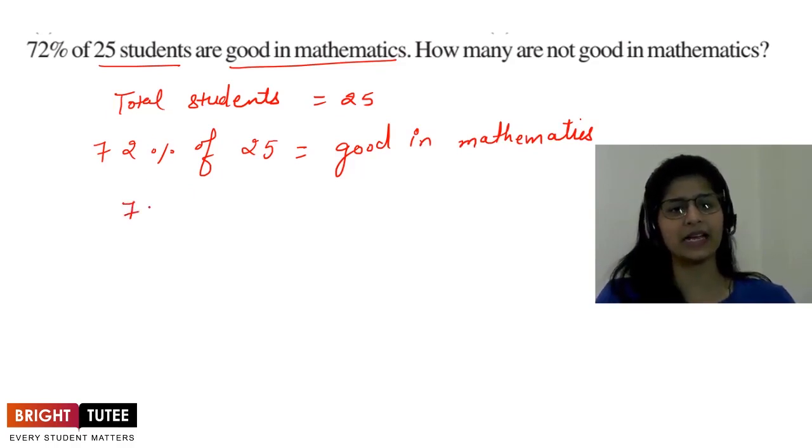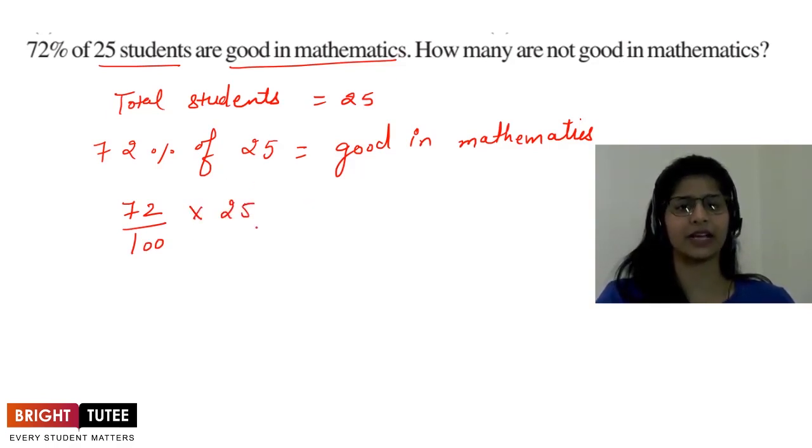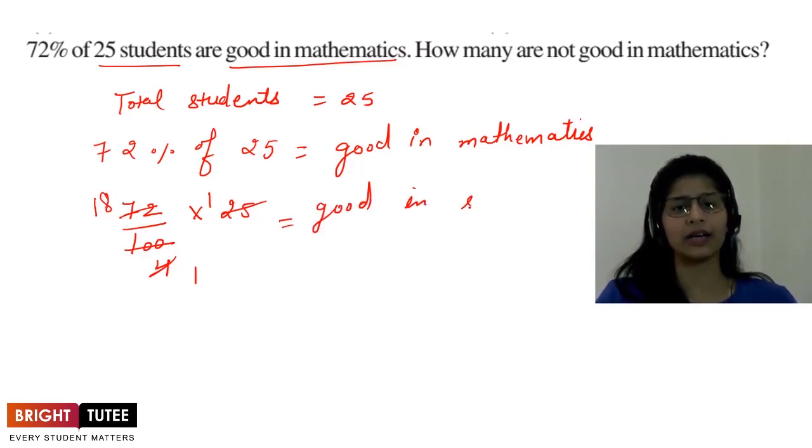Remove this percentage sign, you will get 72 upon 100. Of means multiplication into 25, right? So cancel it. 25 ones are 25, 25 fours are 100, 4 ones are 4, 4 ones are 4, 3 left, 4 eights are 32. So we get 18. 18 are the number of students who are good in mathematics, right?